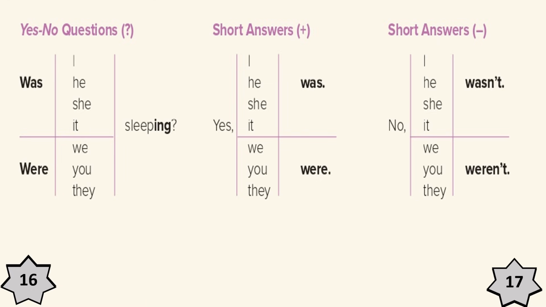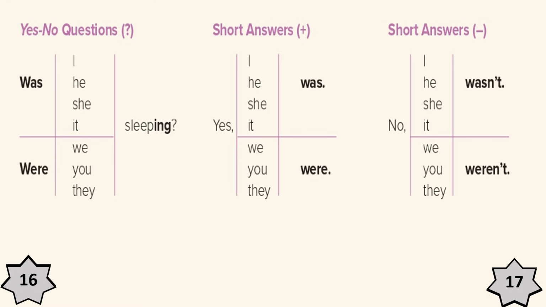Yes/no questions. We can make simple yes/no questions by putting a past tense be verb first in the sentence. For example, was I sleeping, was she sleeping, were we sleeping, were they sleeping.